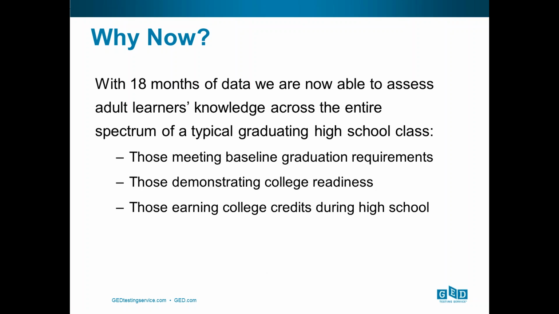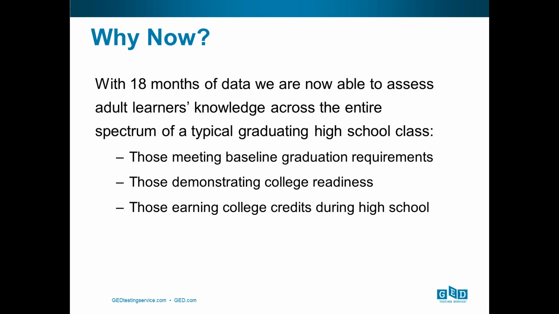With 18 months of data, we're able to have a much clearer, much more detailed picture of adult learners' knowledge across the entire spectrum, not just a subset of the spectrum of the typical high school graduating class. As all of you know, there are some students who barely meet the minimum graduation requirements.